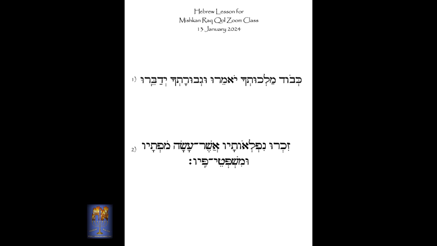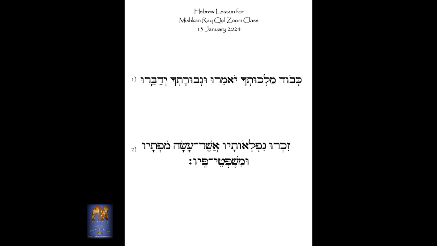What do we got down here? All right, so we have vav pointed shuruk, u, because the next letter is a mem. So that's one of the letters that can have a vav pointed shuruk in front of it, an u sound. So u, mi, right? Mem pointed kirik, mi. Then we have the letter sheen, right?